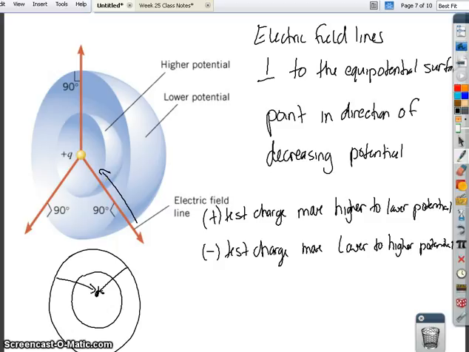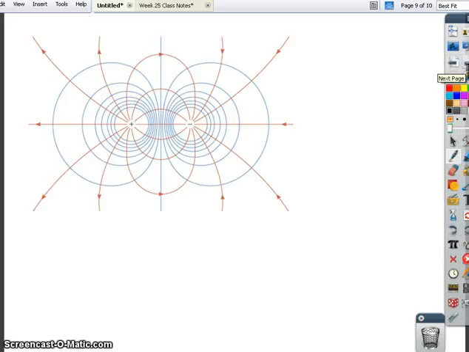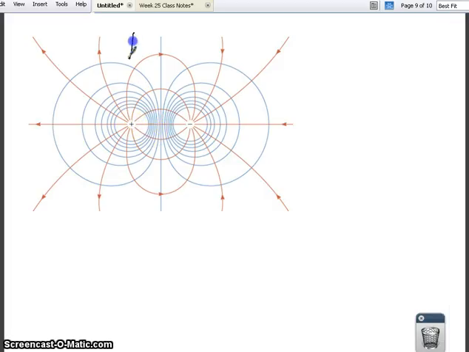Here's a picture of a positive charge and a negative charge. You can see that all of these surfaces, these circles, these lines, are all equipotential surfaces. You can see they change shape as you move further away from these charges, but they still are all the same potential.